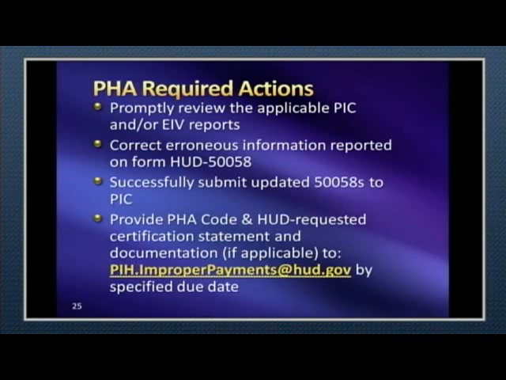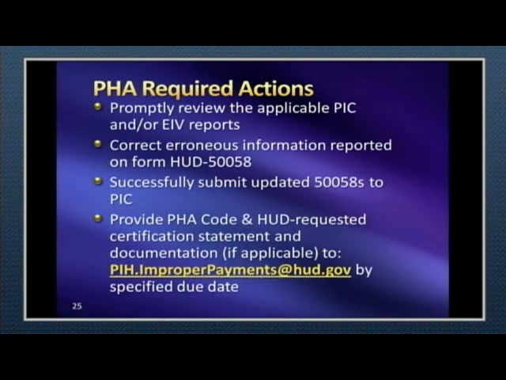So what we're asking you to do is, if you get a notice, review the notice, review the applicable EIV reports, take the necessary corrective action to adjust any 50058s that need to be adjusted. If you have 50058s that are being rejected and you don't understand why, check your PIC submission report so that you can see the error codes associated with why it's being rejected.